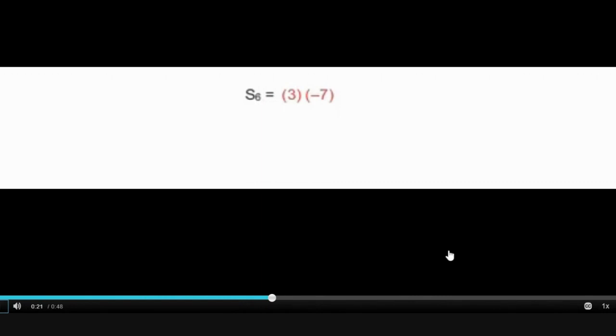The 3 pairs in the arithmetic series can be written as 6 divided by 2, where 6 represents the number of terms in the series. Negative 7 can be written as 4 plus negative 11. 4 represents the first term of the series. And negative 11 represents the last number of the series.